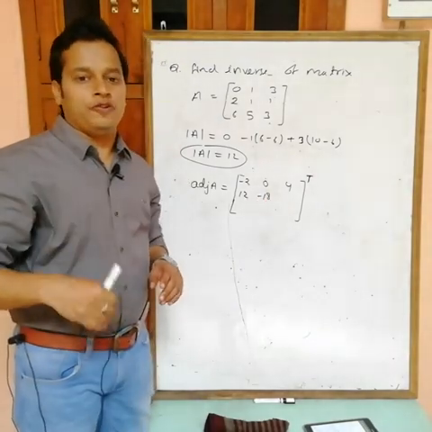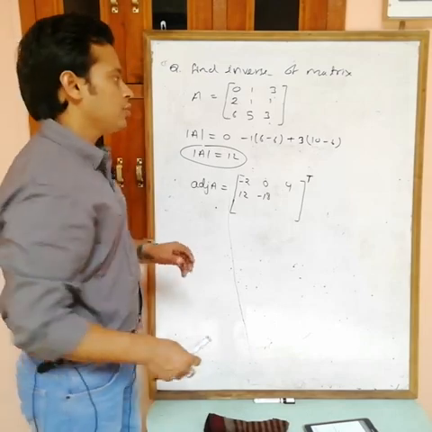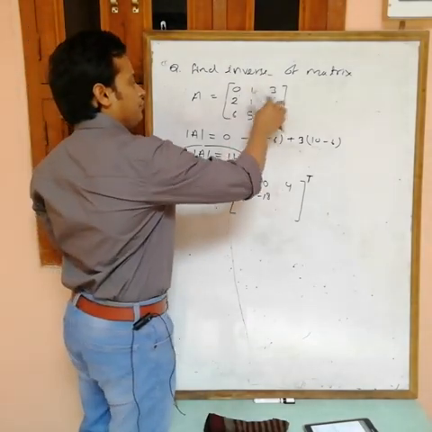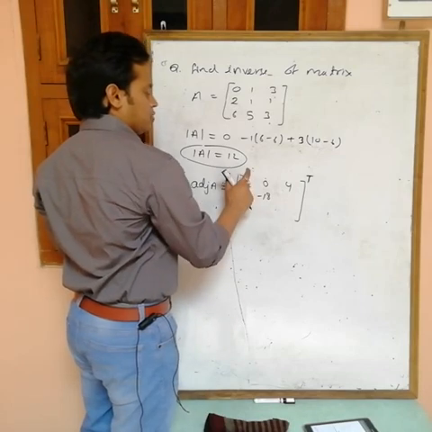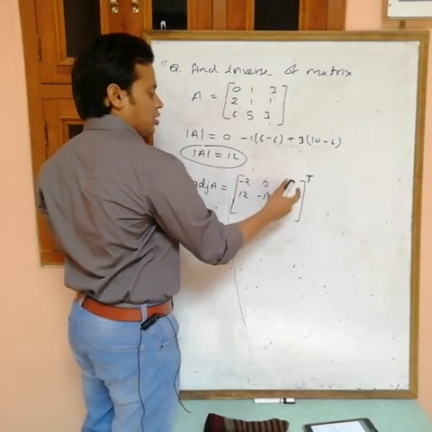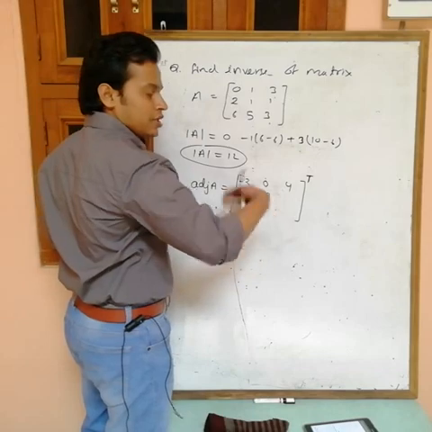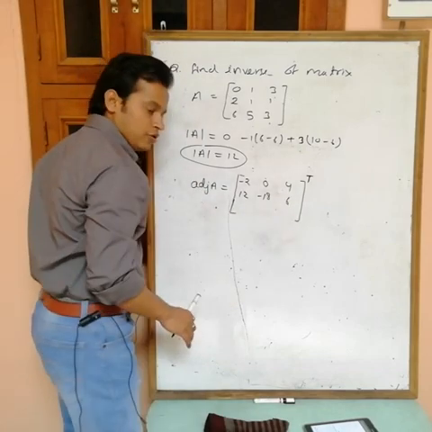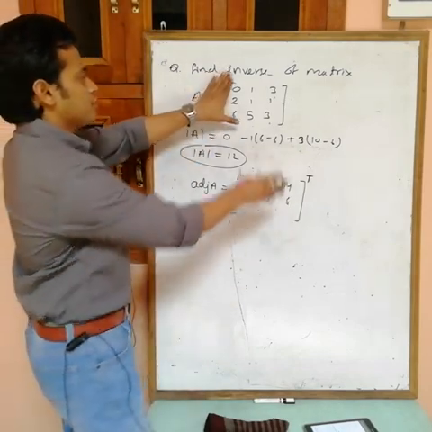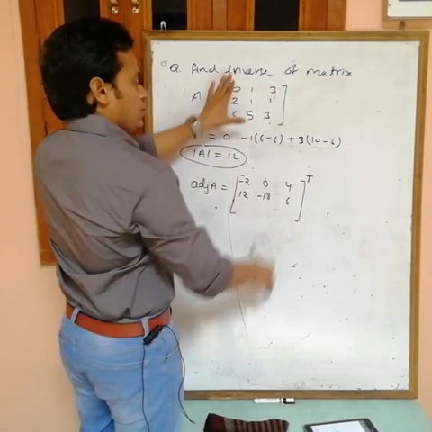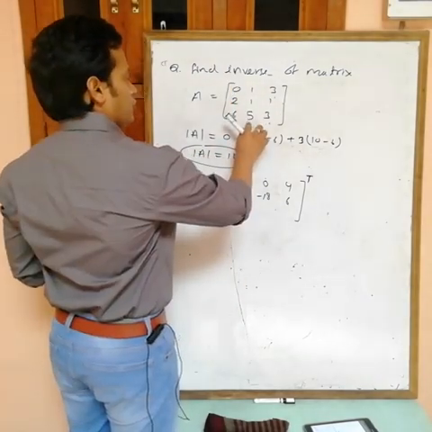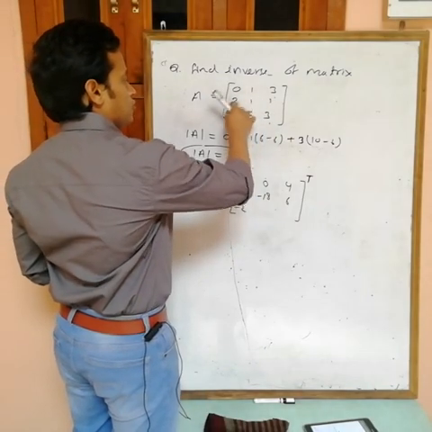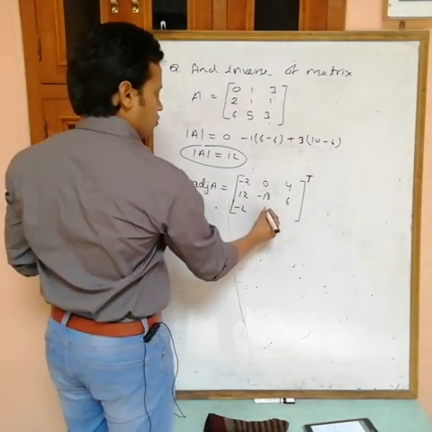If we are getting a minus sign, then change the sign. Now for 1, 0 minus 6, minus 6, but the sign for this one is minus again, so minus 6 into minus becomes plus 6. Now for 6, 1 minus 3, minus 2, the sign is positive, so minus 2. For this one, 0 minus 6, but the negative sign makes it plus 6.